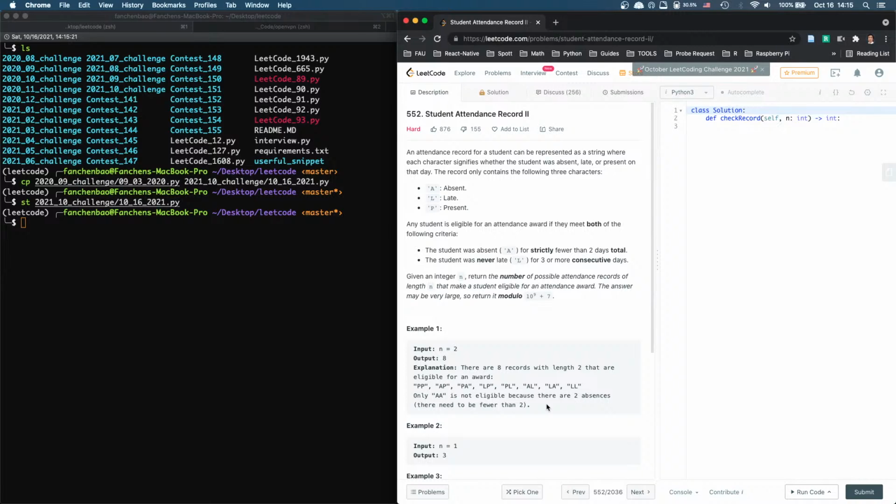If the next one is a P, then there's no restriction. If the next one is A, then it's no restriction, with the same restriction. And if the next one is L, that means the remainder cannot have L.